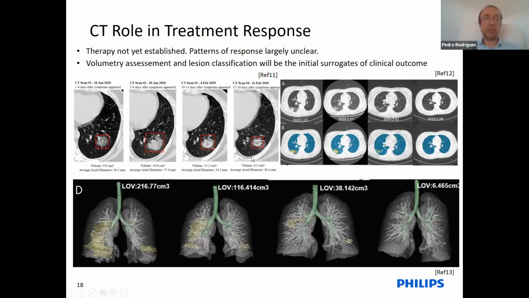It means that using artificial intelligence to predict patient prognosis might still not be completely clear. In terms of treatment response, the typical endpoints which might be surrogates of clinical outcome will be the combination of the volumetry of the lesions and the classification of GGOs, predicting infiltration.